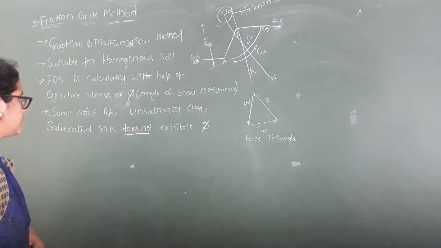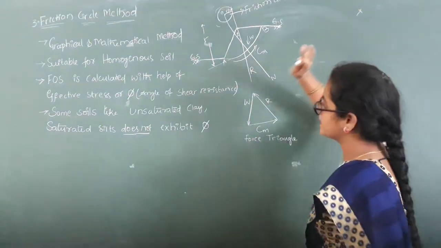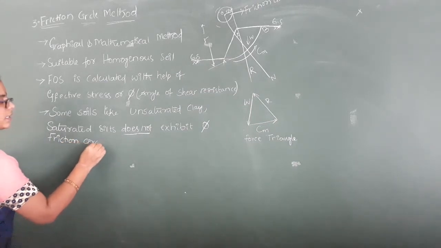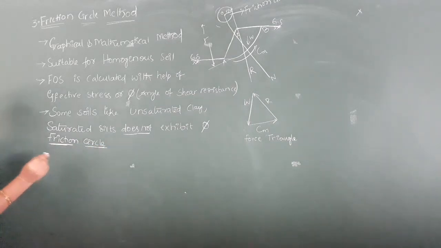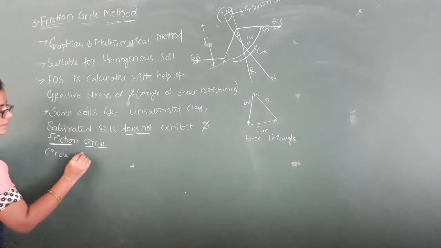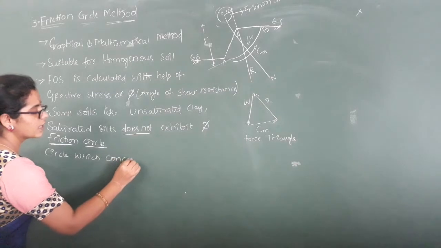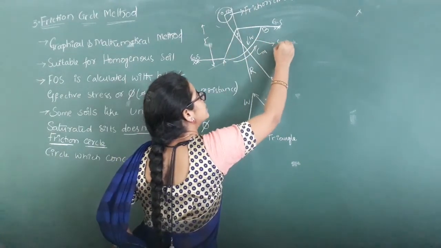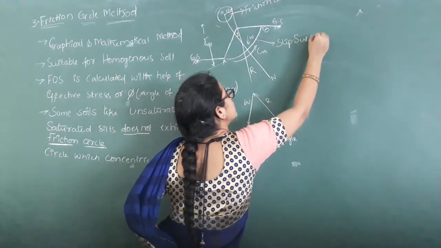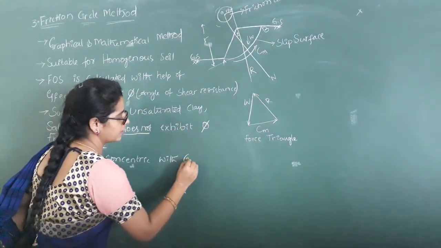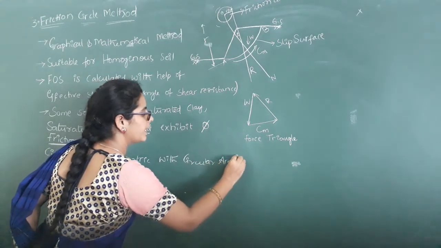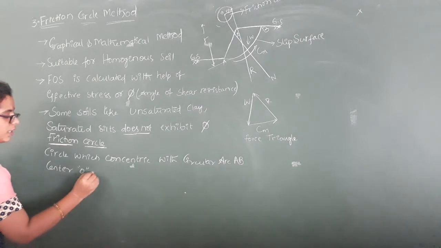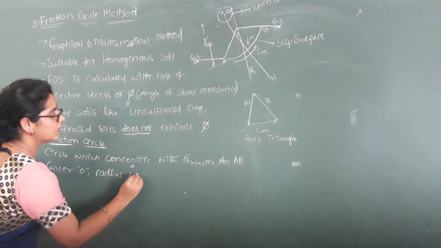So we'll discuss the features of the friction circle now. The friction circle is concentric with arc AB, having center O and radius R sin phi.